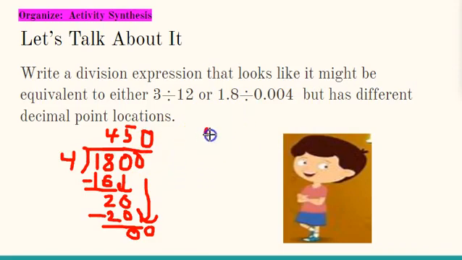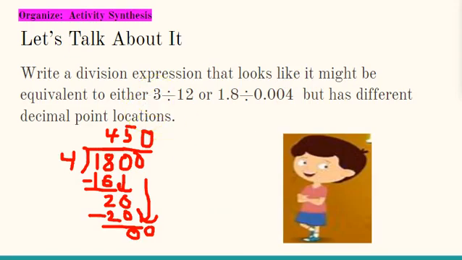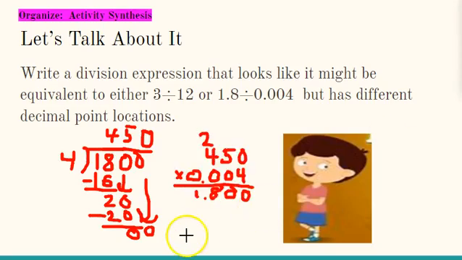And I can even prove this by taking that 450, multiplying it by 1 8/10, and I should still end up getting that 4 thousandths. Oops, I actually need to multiply it by the 400 or the 4 thousandths, right? Because those two together should make the 1 8/10. Voila, it does prove it. Still comes out to be the same.